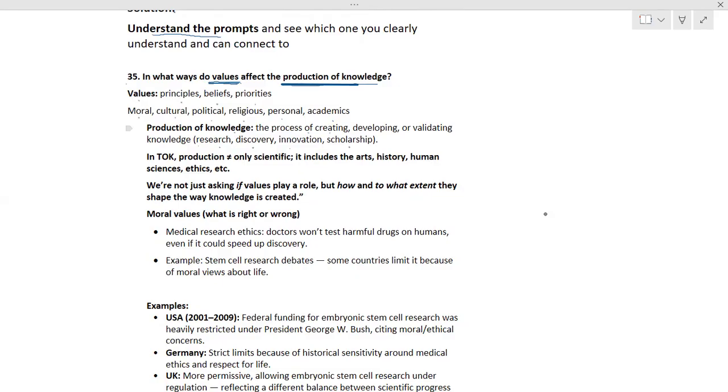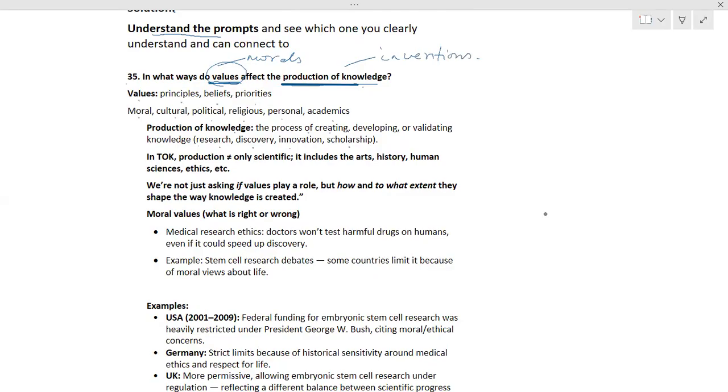That is production of knowledge. Now, we understand that the prompt is talking about values, wherein we can say morals, and it is talking about production of knowledge, which means it is talking about inventions, discoveries, etc.